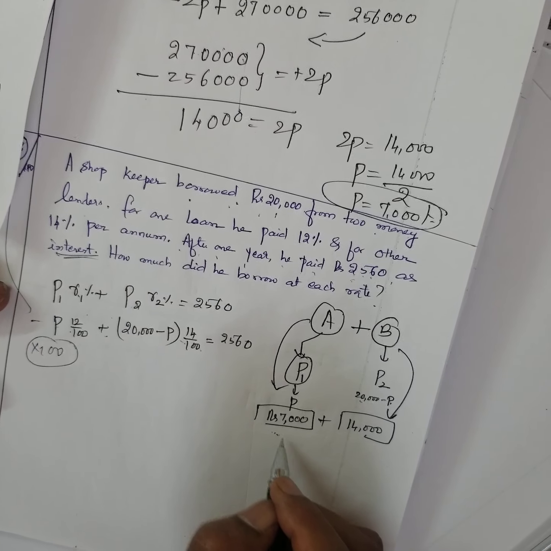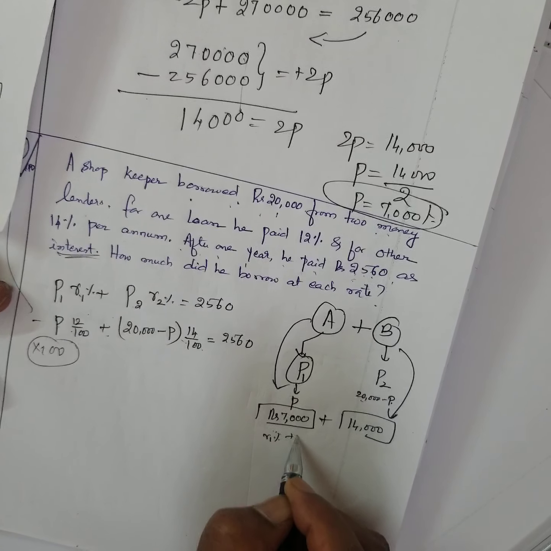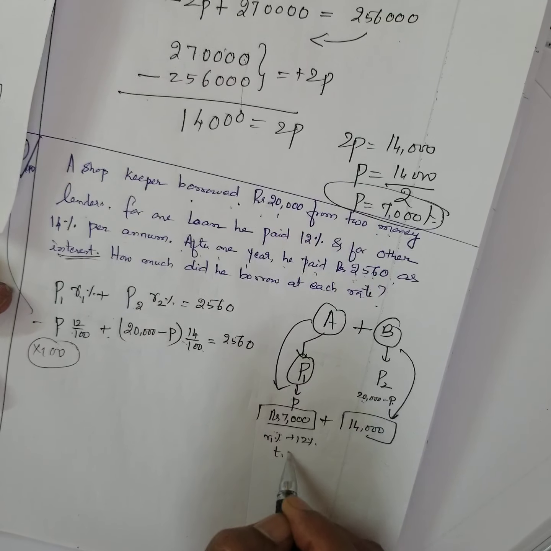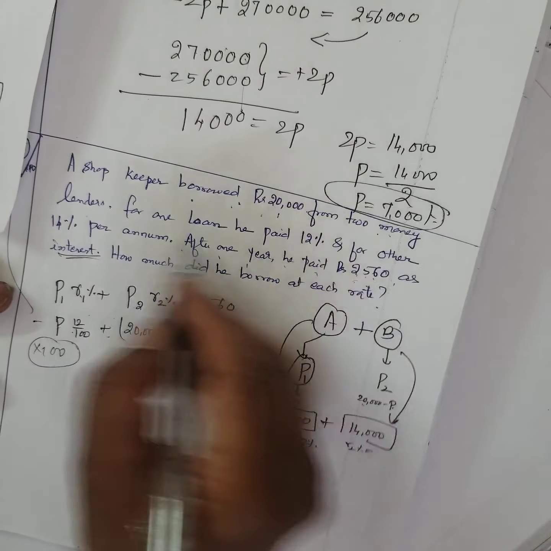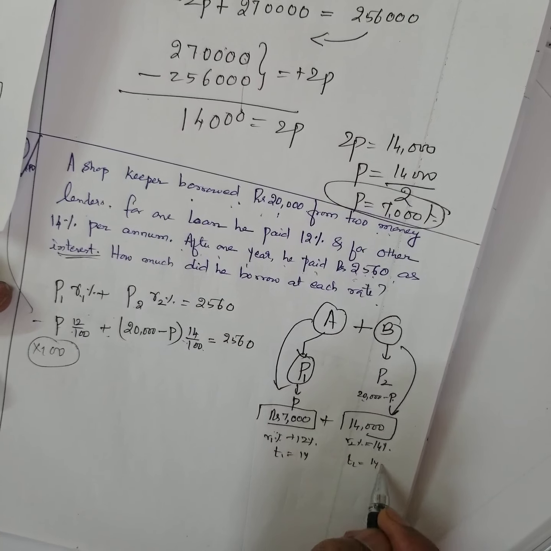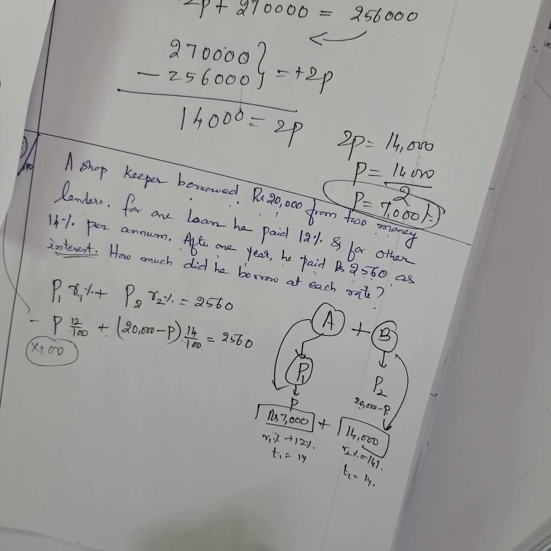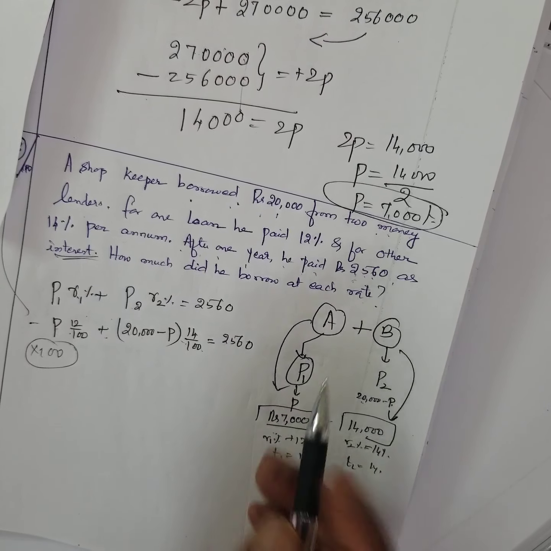What is the interest for this one? He borrowed at 12%. Year is 1 year. Here R2 is what? 14%. Year is what? 1 year only. How much did he borrow at each rate?